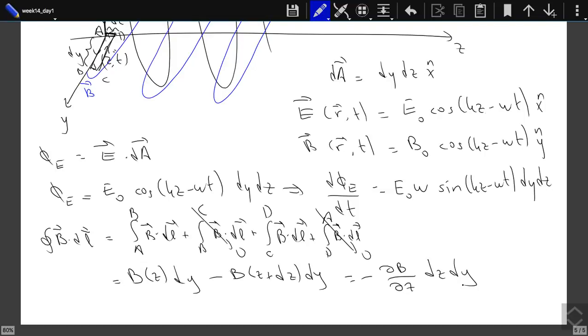You see, the integral of the magnetic field gives me the derivative of the magnetic field. And the flux is proportional to the electric field, so the derivative of the electric field is proportional to the derivative of the magnetic field. That is why both of them are at a maximum or both of them are 0 at the same time.